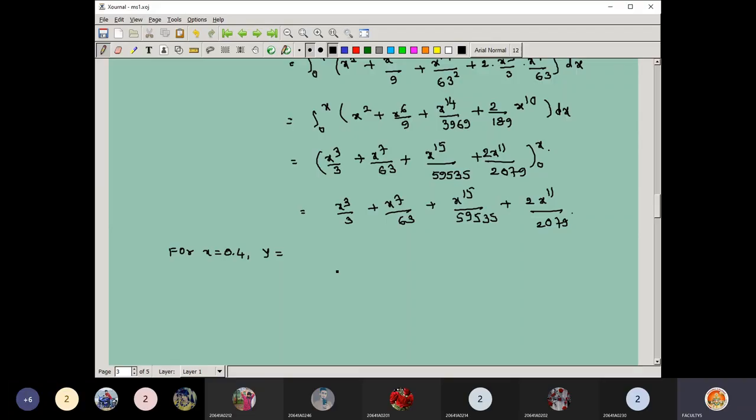You are getting that answer, and plus 0.4, its power 7 divided by, what is the answer you are getting? Just you substitute x equal to 0.4. Are you getting this answer? 0.0273. Is it correct? Only you are substituting x equal to 0.4 there.